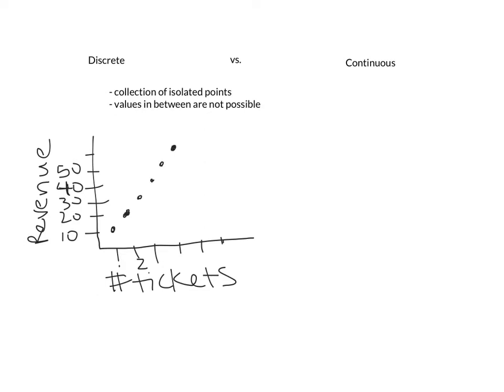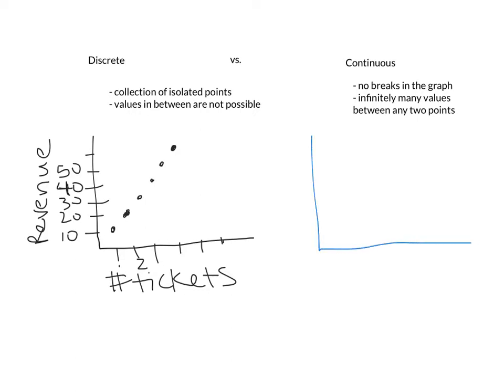Whereas continuous, there are no breaks in the graph, and there are infinitely many values in between any 2 points, which is hard to think that there could be infinitely many, but we can have the same relationship.